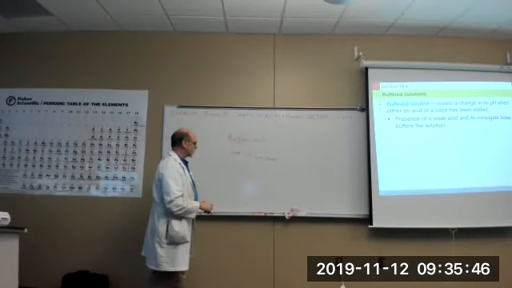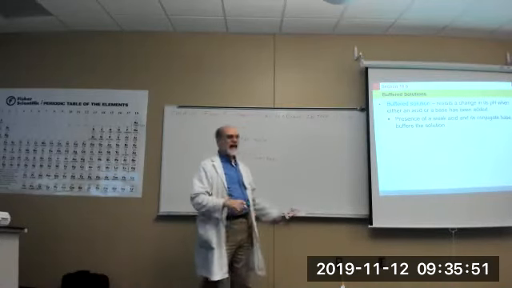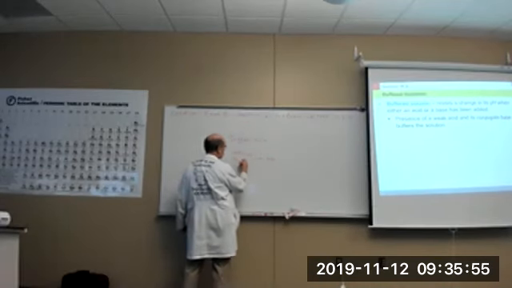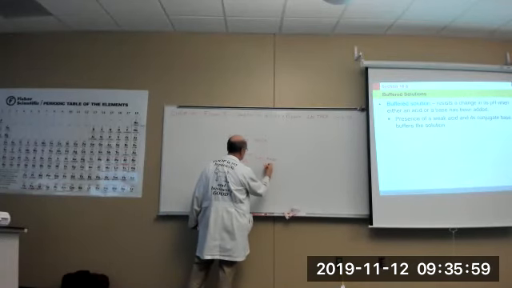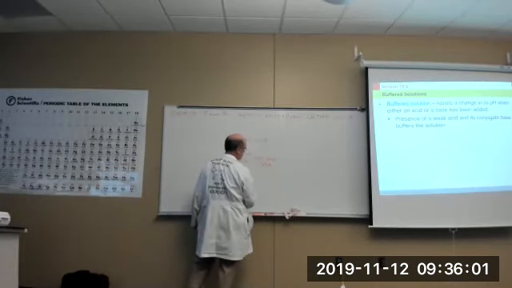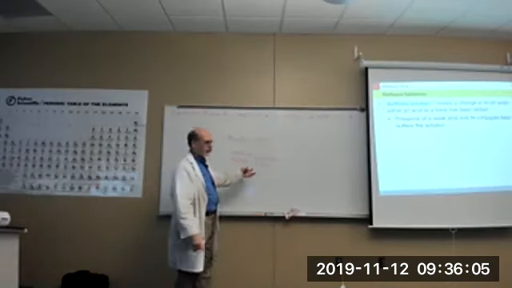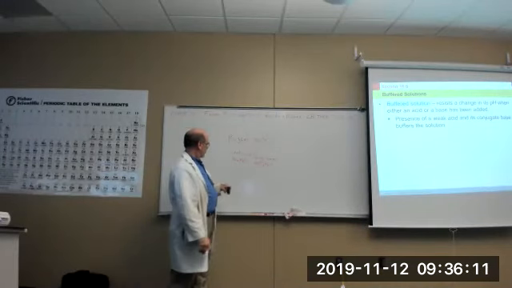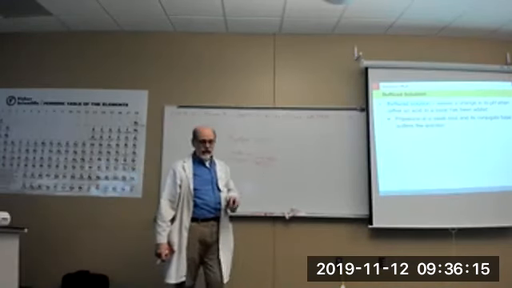So a solution that's buffered with acetic acid will be a combination of this one and this one, in some form. Whatever soluble form of acetate ion, we could say sodium acetate, that would work just fine. So you would combine a certain amount of this one and a certain amount of that one, and you get a buffered solution.